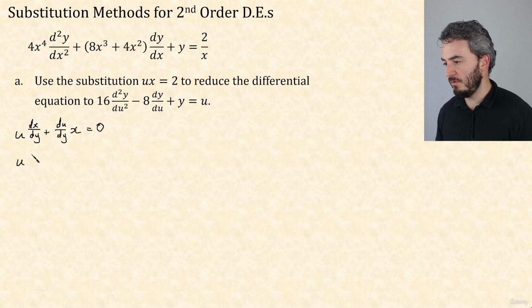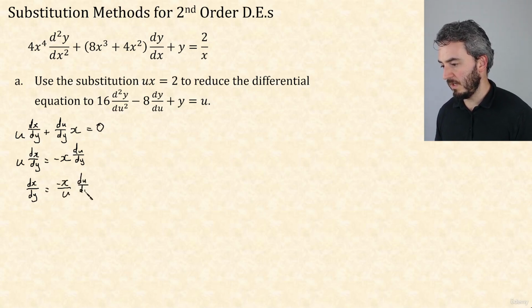So let's have u dx by dy equals minus x du by dy. So doing two things, I'll do it over 2 steps. So dx by dy is minus x over u du by dy. So dy by dx is the reciprocal of this, minus u over x dy by du.